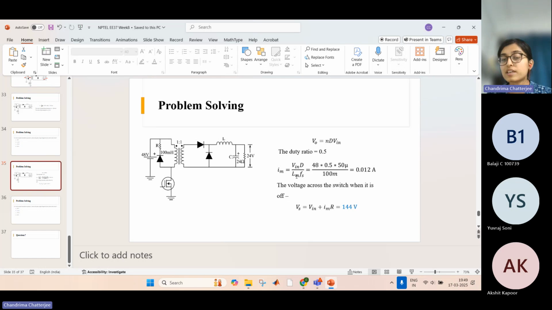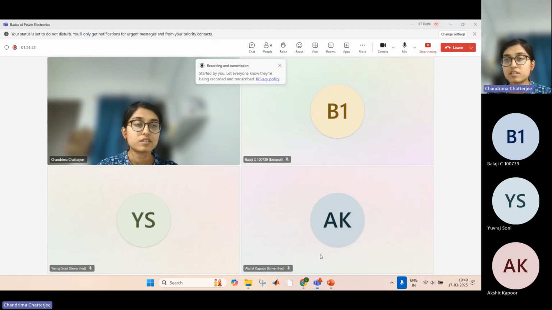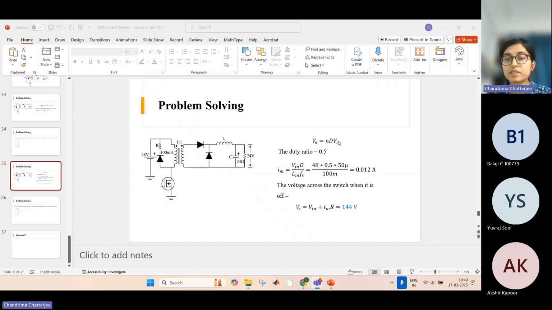And if you know this LM value, you can find out the IM value. If you know LM and IM, the energy stored in the LM will be half Lm Im square. So your resistance power rating should be greater than that. This is for the practical scenario.